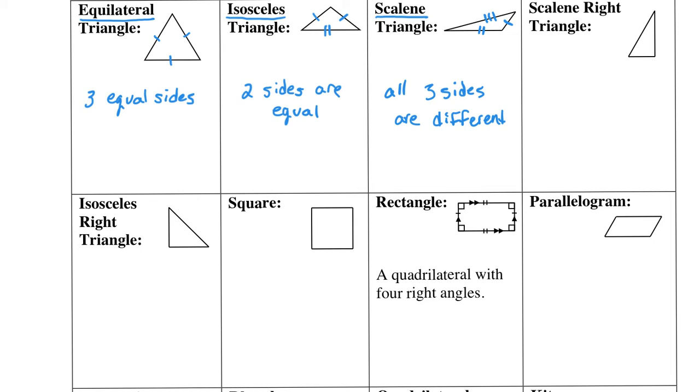Now, notice this last one in the row has the word scalene in it. So that means all three sides are different again. But it has one other thing. It talks about it being a right triangle. That means it has one right angle.